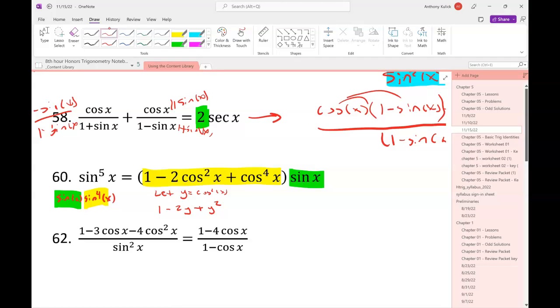Now, can we factor that? Yeah. What does that factor to? Oh, let's make it this way. 1 minus y squared, right? Everybody agree with that? So instead of y's, though, we have cosine squared x's.